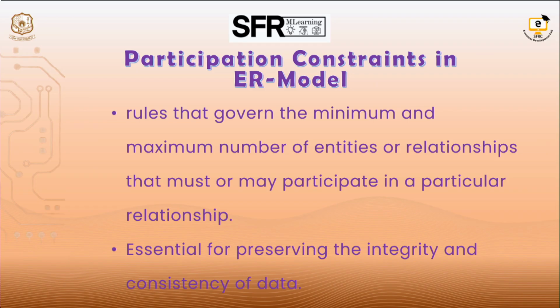For database schemas to effectively replicate real-world circumstances and enable efficient data management, it is imperative to comprehend and include participation limits. There are two participation constraints in DBMS: total participation and partial participation.